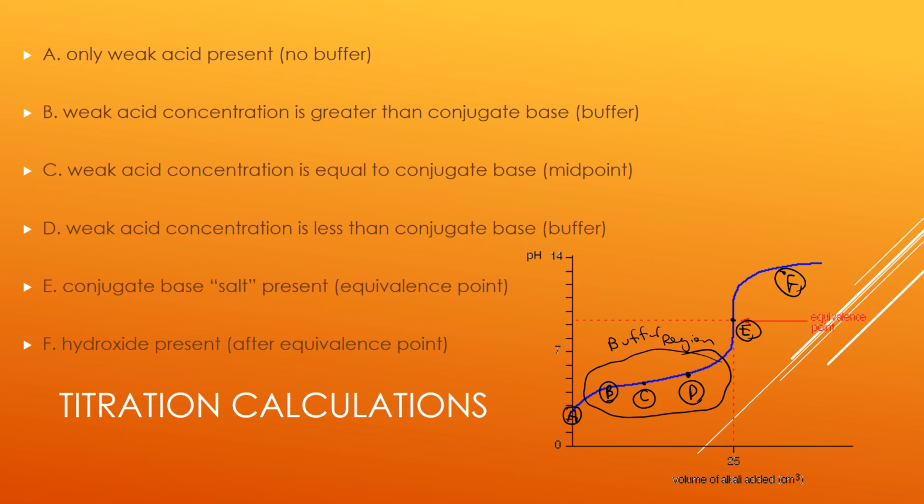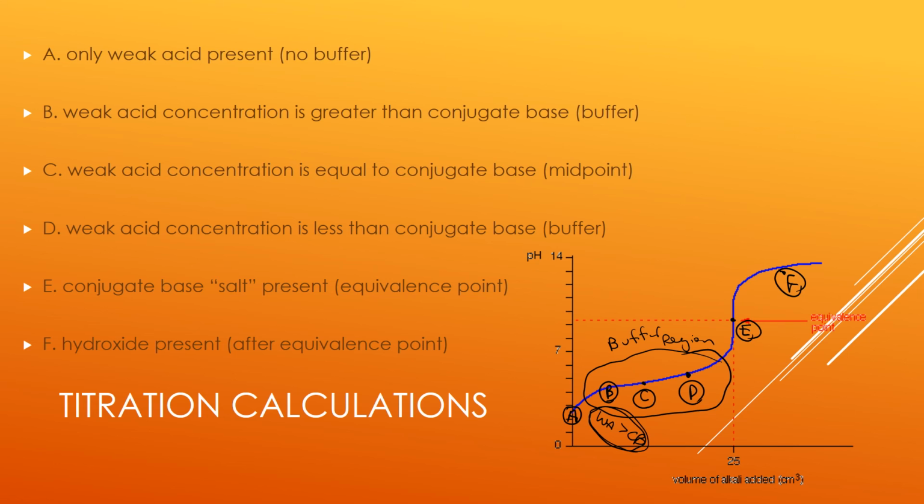For part B, I have more weak acid than I do my conjugate base. They love to ask questions about these relationships. I have more weak acid than my conjugate base, and I have a buffer there. So I'm going to find my pH at that point by using my buffer equation.